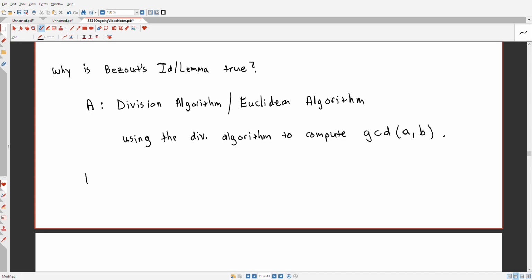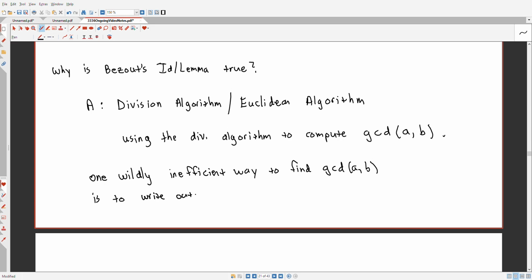One wildly inefficient way to find the GCD of two integers is to write out all positive divisors and just go looking for the two biggest that are in common.